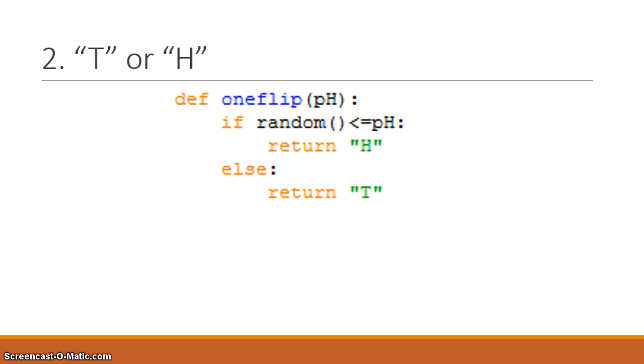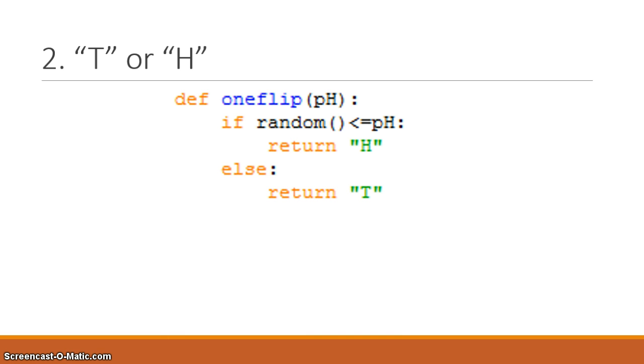So pH will be equal to 0.5. If the random number is less than or equal to pH, it will return the string H, else it will return T, meaning tails.